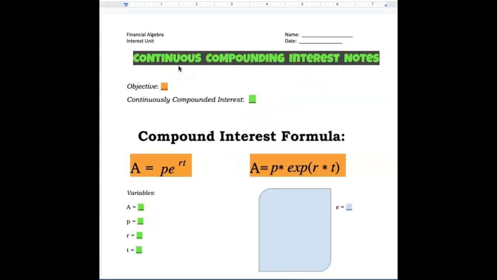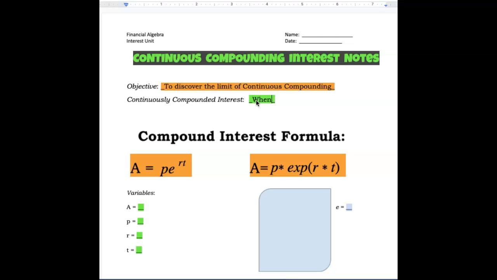Continuous compounding. So we've had simple, we've had compound, and now we have this continuous compounding. So the objective is just to discover the limit of continuous compounding. And in some ways we did that on Monday. We discovered that limit. So what is continuous compounding? Or what is continuous interest?